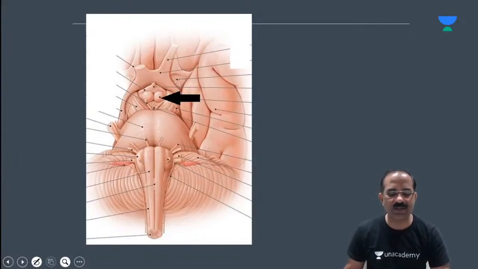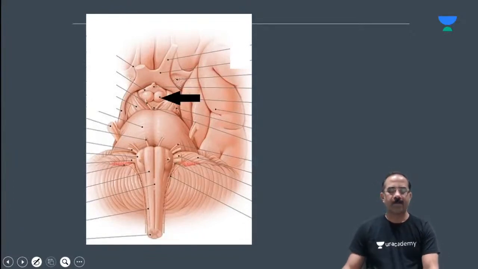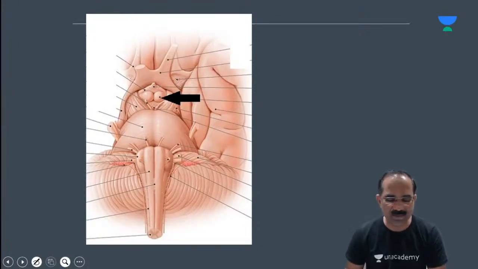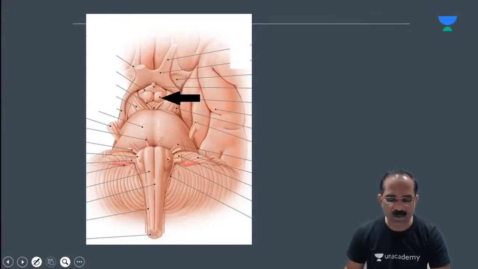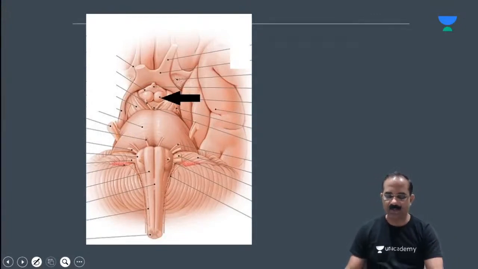Identify this pointed structure. What is that? Hello, Parth. So, Parth, what is this pointed structure? Come on, identify. Mammillary bodies. Yes, very good, Zubair. That's the mammillary bodies.